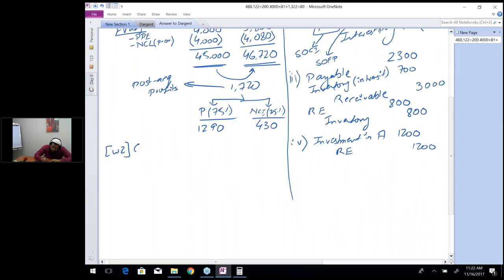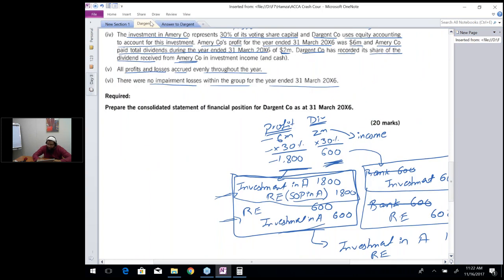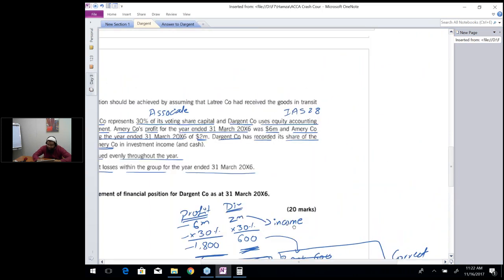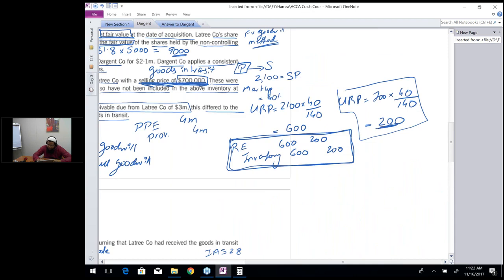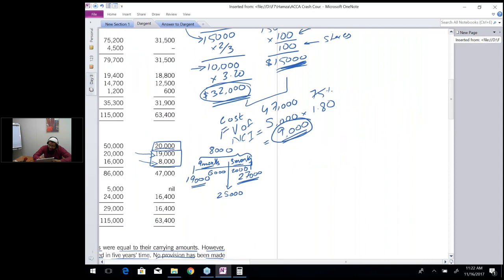Now let's discuss working number 2, which is goodwill, and we have already solved a lot of working number 2. So if we calculate the cost of acquisition, we have already calculated this cost earlier. If I move to the top, this is the cost and the fair value of NCI, 47 and 9.